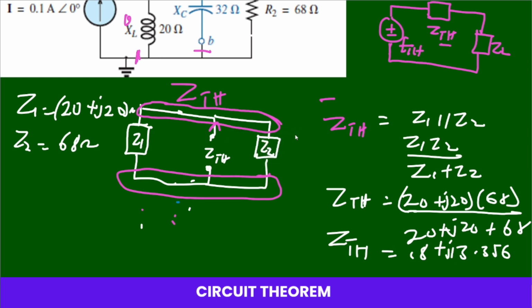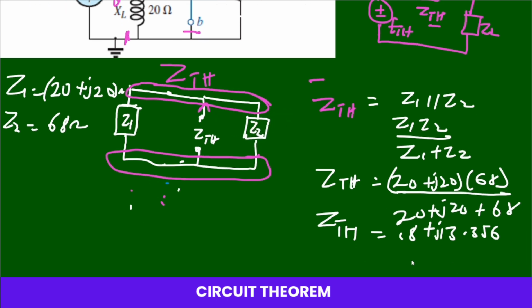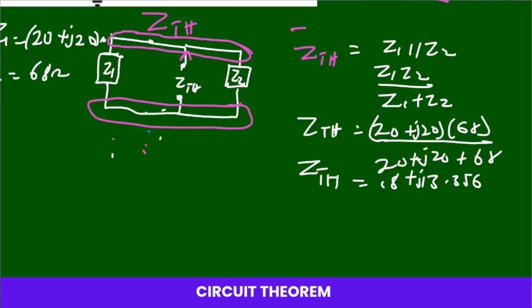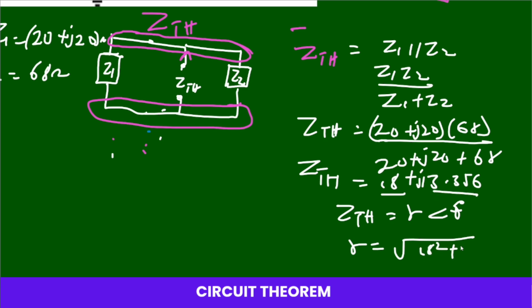We can choose to leave it like this, or we can convert it into the angle form. They are all going to give us the same answer. So let's do that. The angle form should be R angle theta. So let's find R. You know R is always given by the root of this squared plus this squared, so 18 squared plus 13.356 squared.